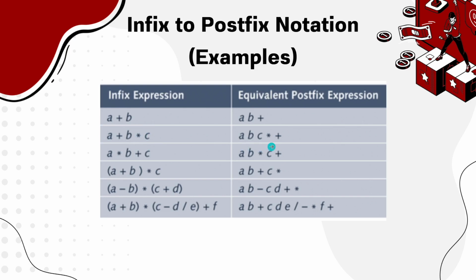So, this is the equivalent postfix notation. Likewise, I have given you some more examples. Of course, you could try both manual as well as implementation, which we will be learning in the next slide, how to convert infix to postfix, and check whether you are getting the associated results.